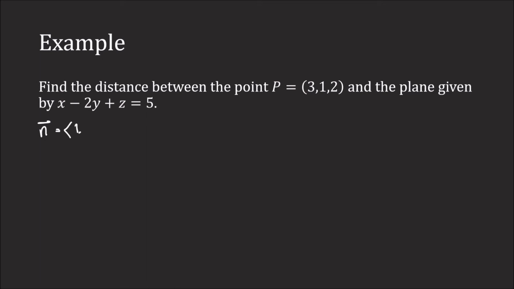So it would be 1, negative 2, 1. We now need a point Q in the plane. Well, let's set y and z equal to 0. That would mean that x has to be 5. So we can take the point 5, 0, 0.